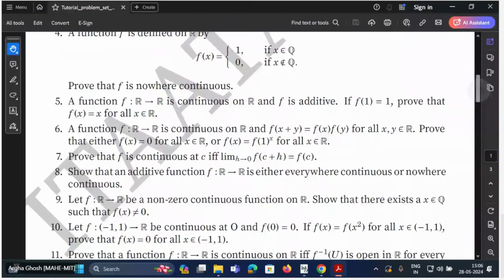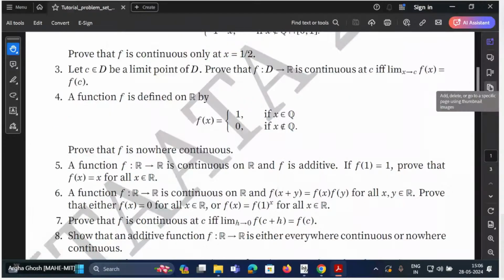Question number 5: f is a continuous function on R and f is additive. If f(1) is 1, then prove that f(x) equals x. But actually, whatever f(1) is equal to, let's say k, then f(x) will be k into x. If we look at the solution, then what we have right now is very easy if we use that fact.